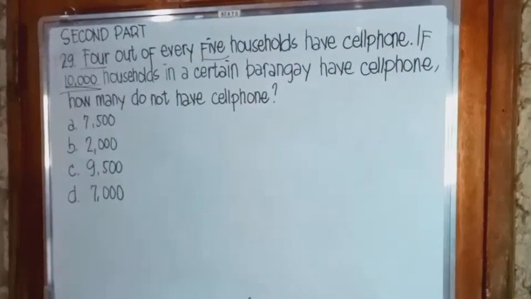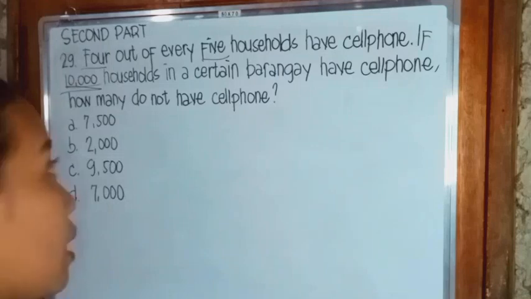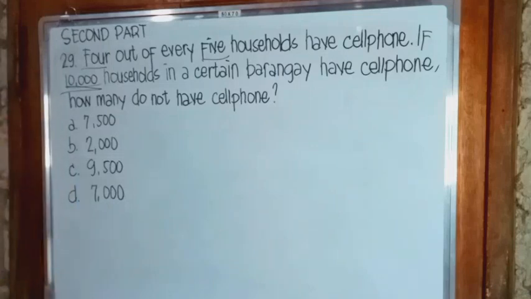Item number 29. 4 out of every 5 households have cell phone. If 10,000 households in a certain barangay have cell phone, how many do not have cell phone? So the problem is we need to find the number of households who do not have cell phone.